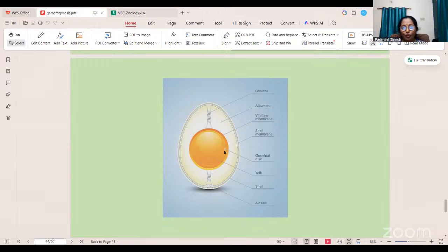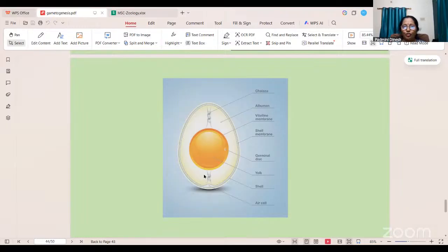And the yolk also has a germinal disc. Whenever you have broken the egg, you must have seen a white dot on the yolk. This white dot is nothing but the germinal disc, which has the nucleus. Which part of the egg is going to become the chick?